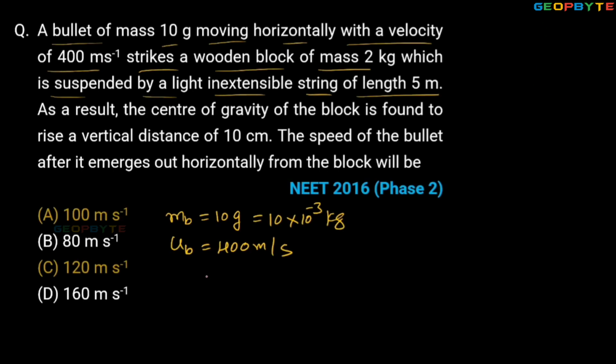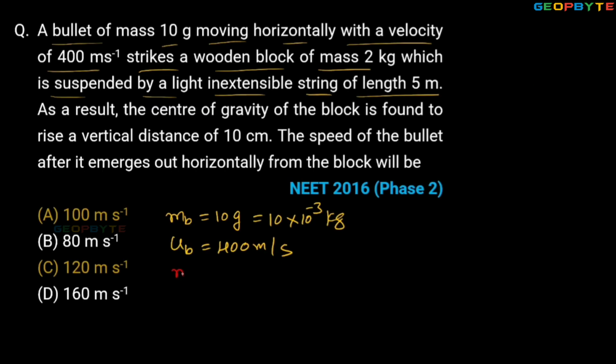Therefore, the initial velocity of the wooden block is equal to 0. Mass of the wooden block is given 2 kilograms, and its initial velocity equal to 0 because it is just suspended.